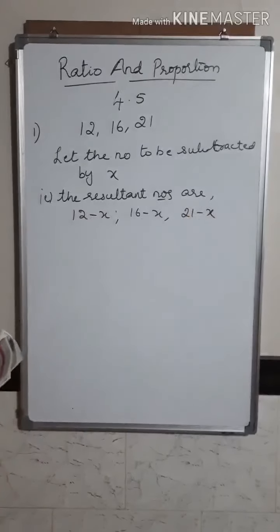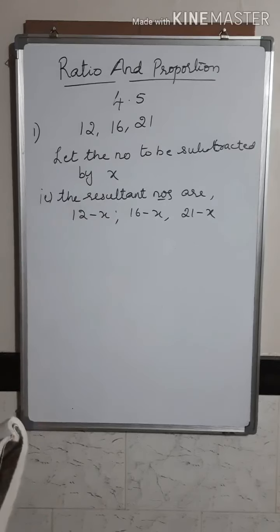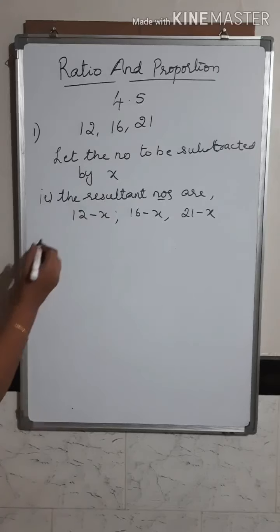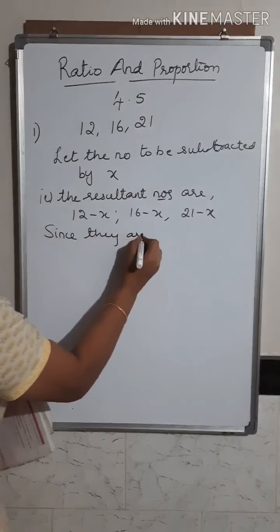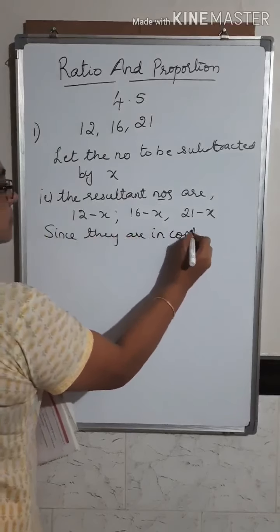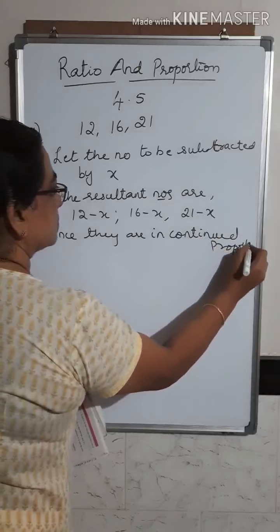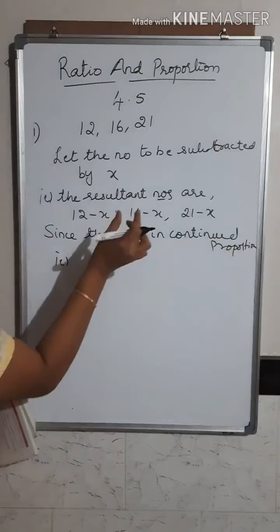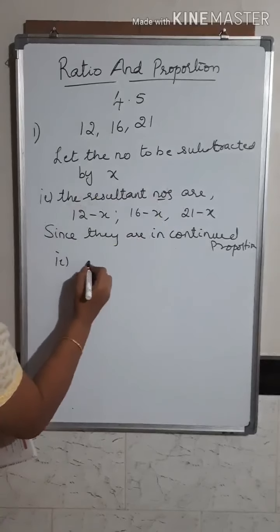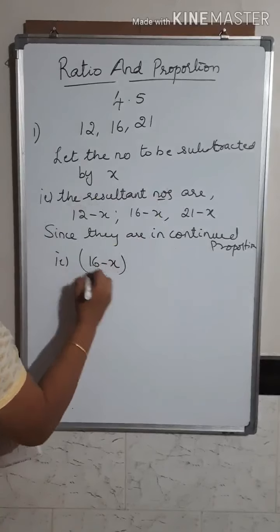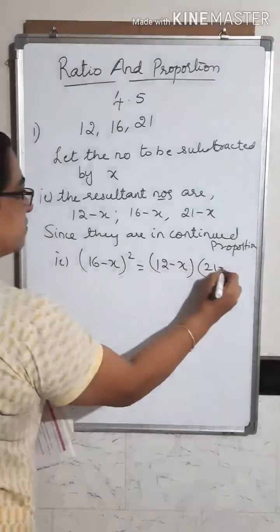They told us that these resultant numbers are in continued proportion. So if they are in continued proportion, what is the condition? Since they are in continued proportion, the square of the middle term is equal to the product of the first and the last term. You get 16 minus x whole square is equal to 12 minus x into 21 minus x.